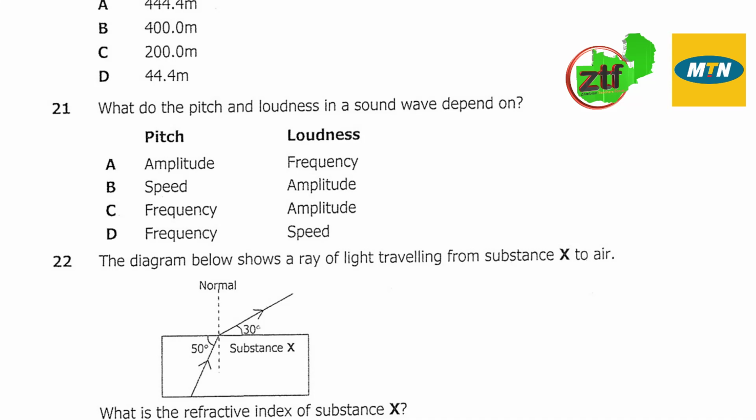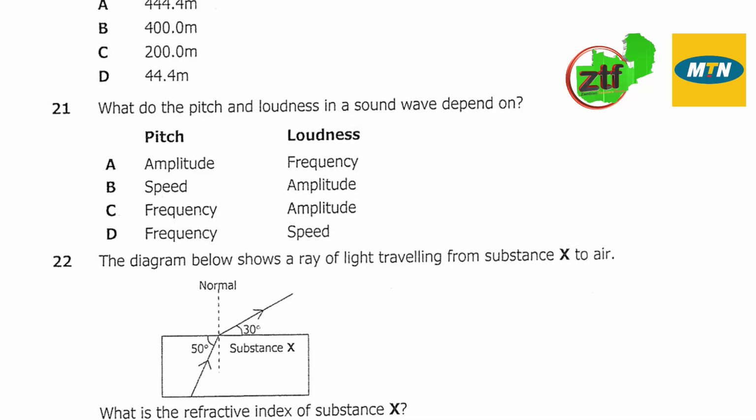Question 21. Question 21 reads, what do the pitch and loudness in a sound wave depend on? Pitch is the one that determines the frequency of the sound, and loudness is actually determined by the amplitude of oscillation.